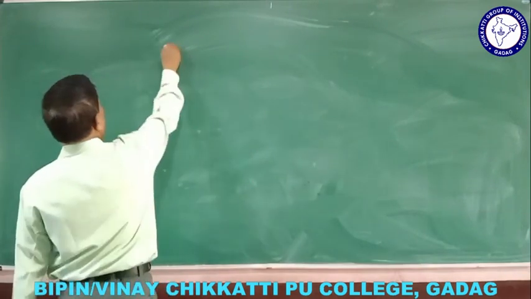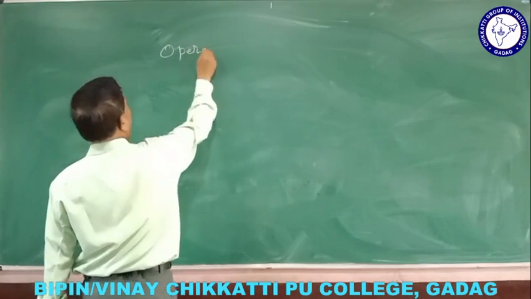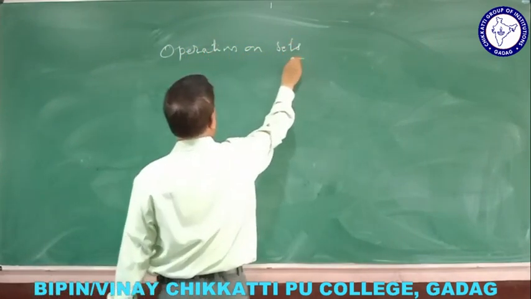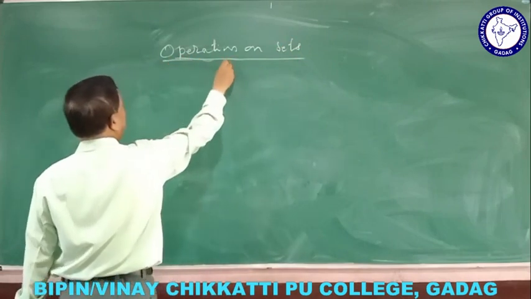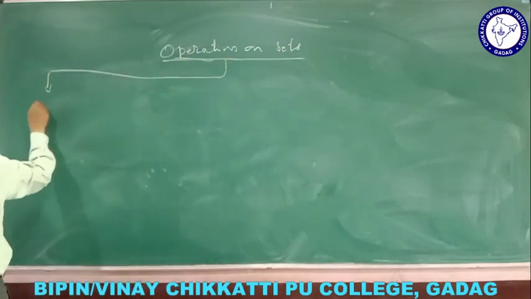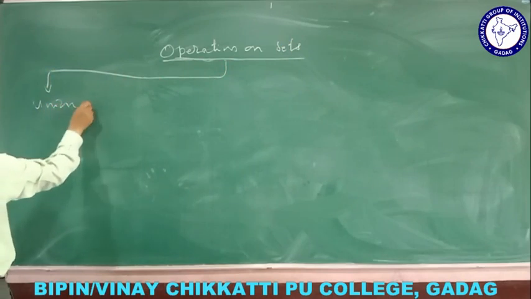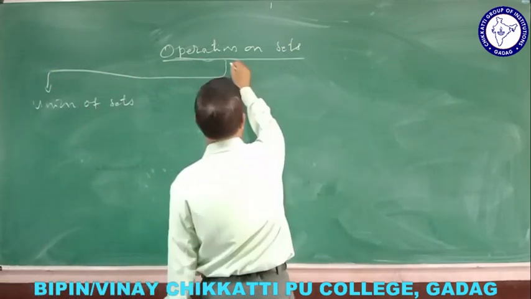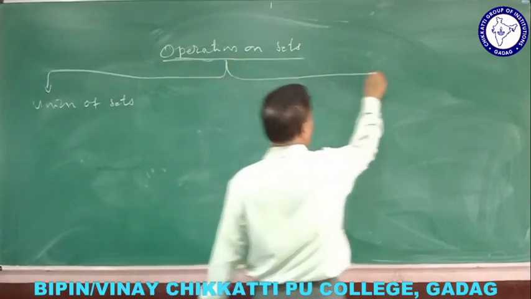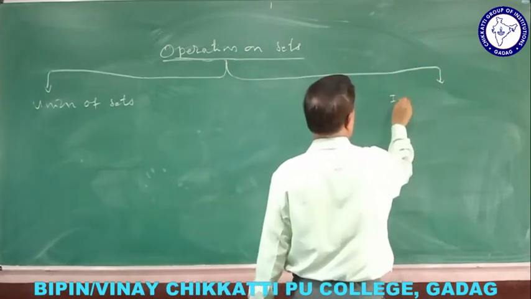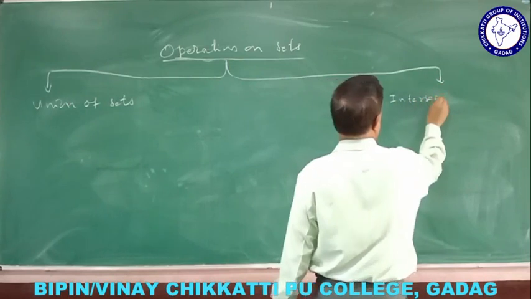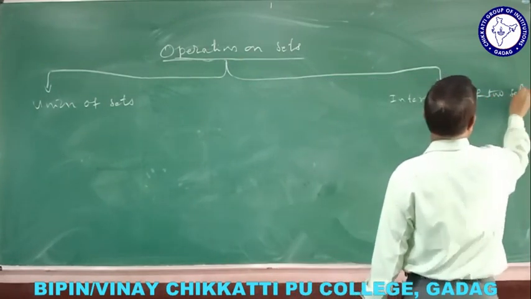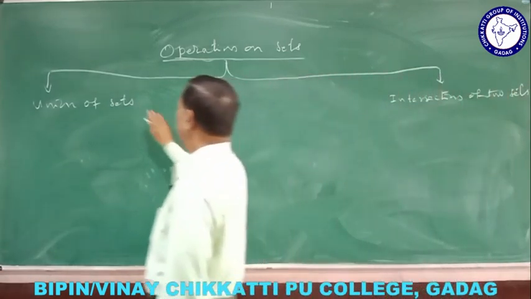Look at this, operation on sets. How many operations can we see? Two operations. One is union of sets, and the other one is intersection of two sets, or you can say union of two sets.